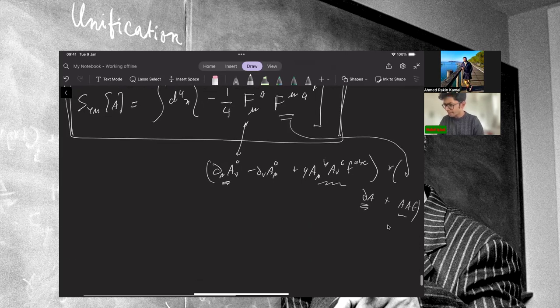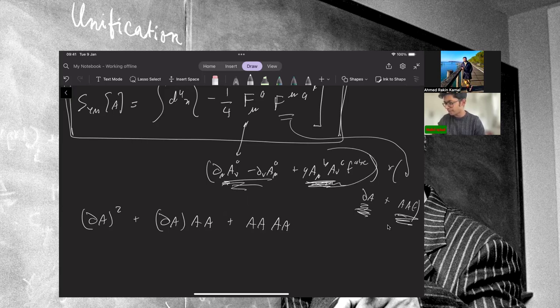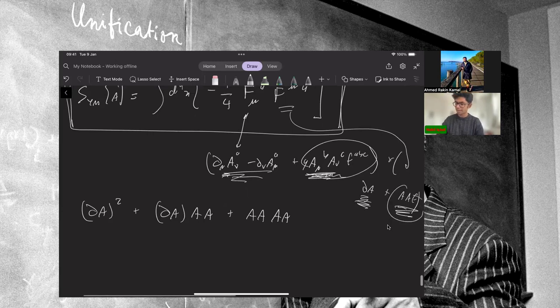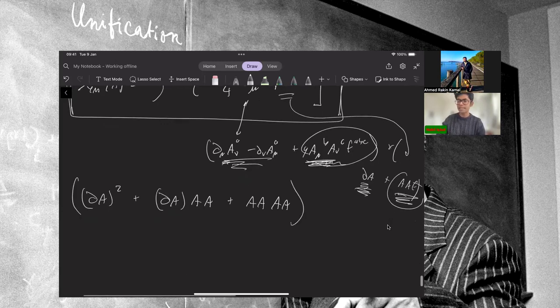And so if you expand this out, there are many terms. There are some terms like dA squared coming from here times here, but there are some terms like dA times AA, coming from this times this, and this times this. And then there are terms like AA coming from this thing times this thing. So what does that mean?